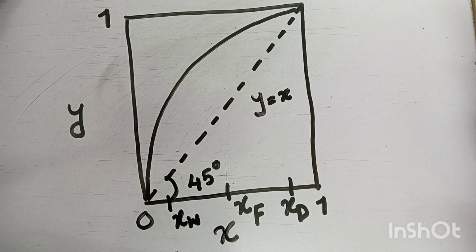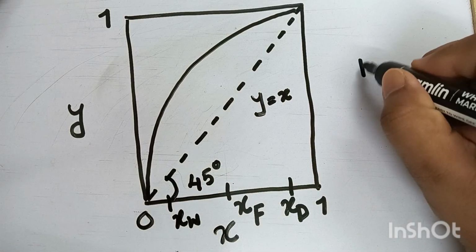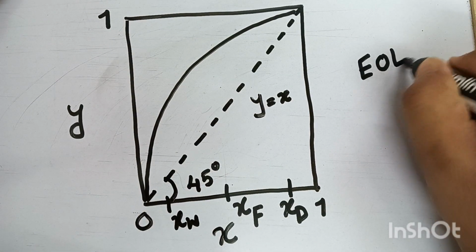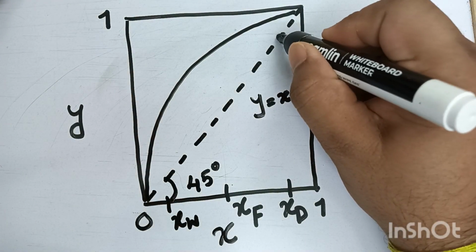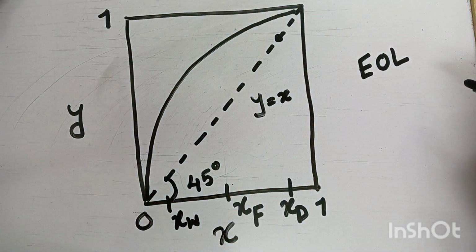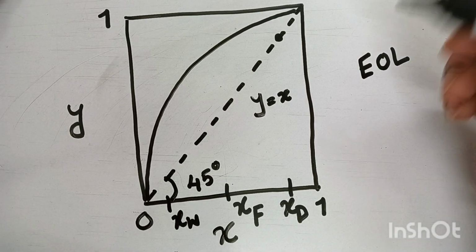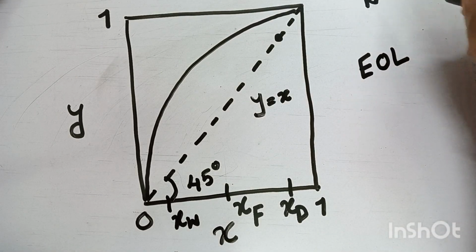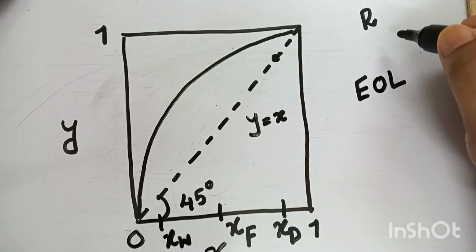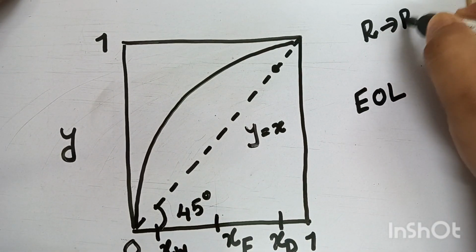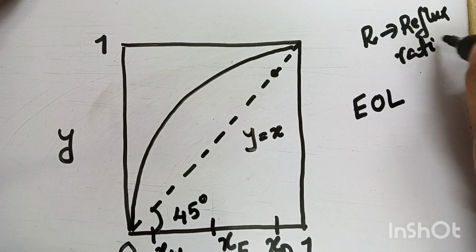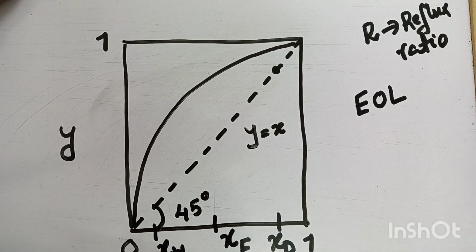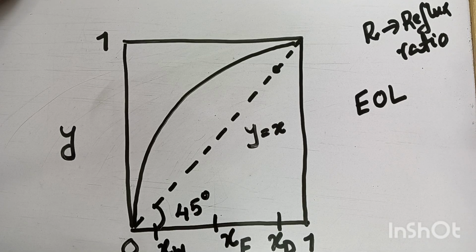After that, as you have probably noticed, we construct the enriching section operating line, and it is usually constructed from the y equal to x line, okay? Depending on the value of the reflux ratio, which is R, we can easily find out the slope of the enriching section operating line.